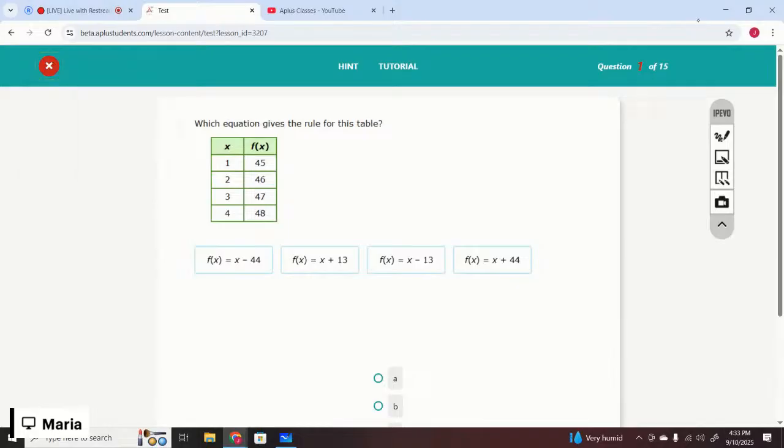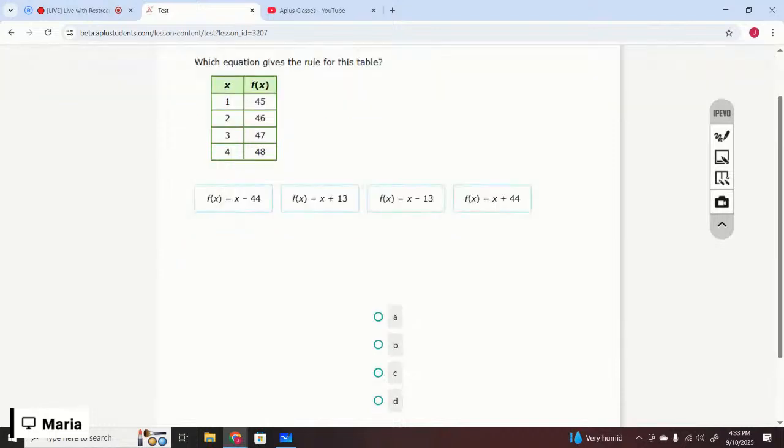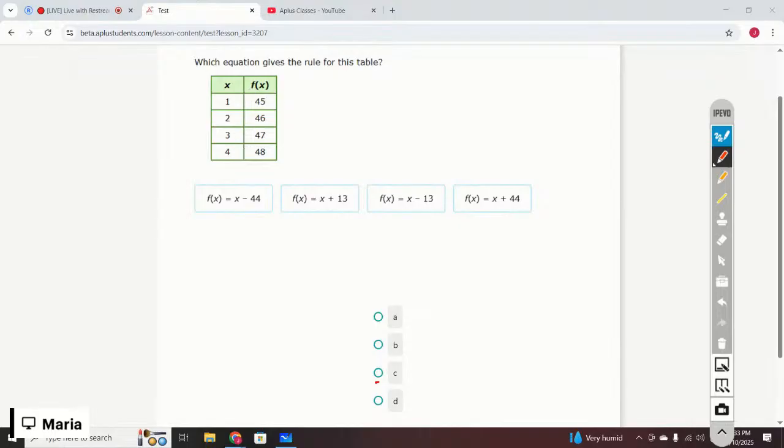We need to find the equation for this table. The first thing you need to find is slope, right? Slope is change in y divided by change in x. So the change is 1 over 1. So slope is 1.